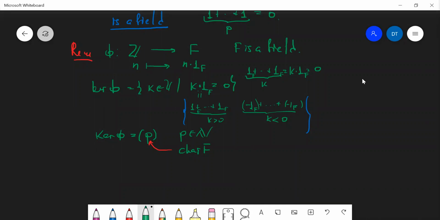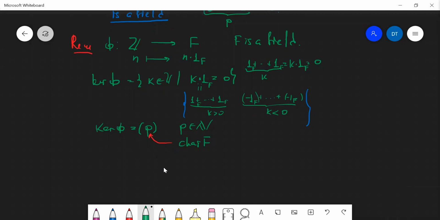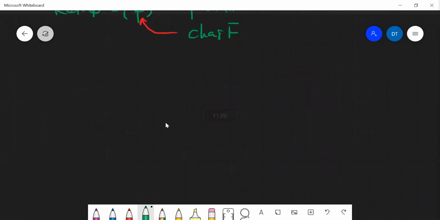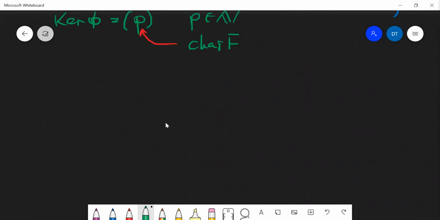Now I want to discuss what kind of numbers we will get as the characteristic. I want to show you that if we have a field, then the characteristic is always a prime number or 0. So a non-zero characteristic must be prime. So let's discuss this.